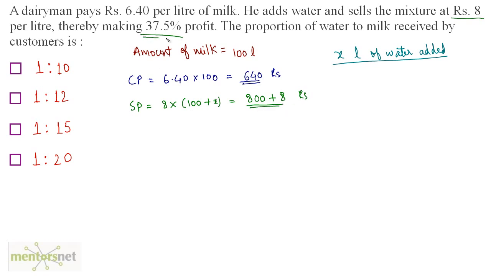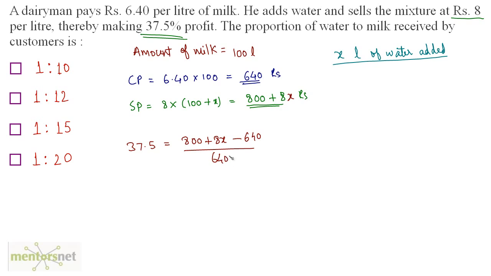And we have been given the profit percentage, which is 37.5%. So I can write 37.5% is equal to, the formula for profit percentage is profit upon the cost price times 100. So the profit is selling price minus cost price. So selling price minus cost price is 800 plus 8x, minus the cost price, 640, divided by the cost price.